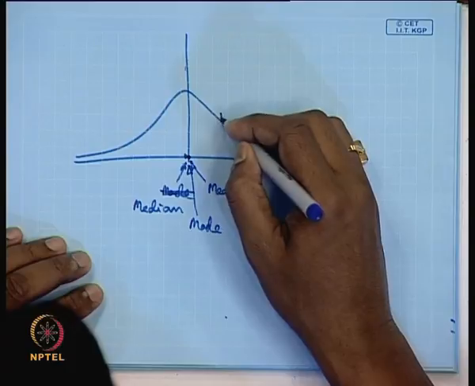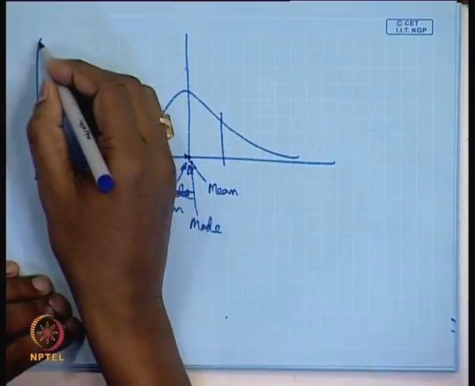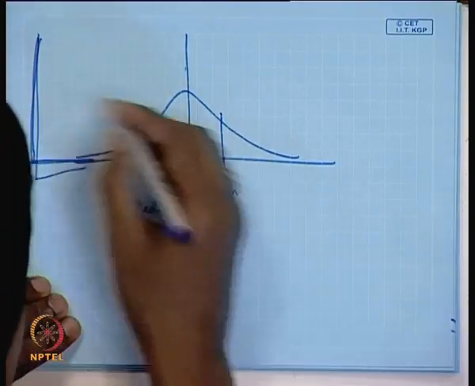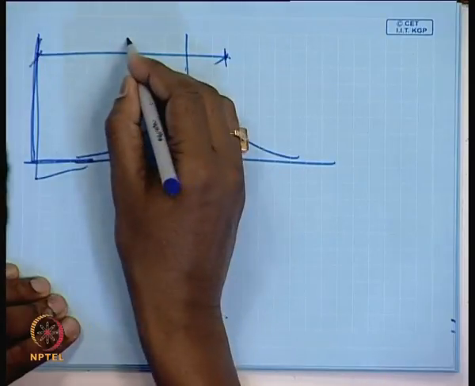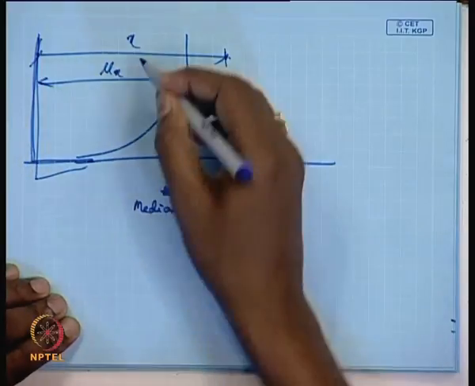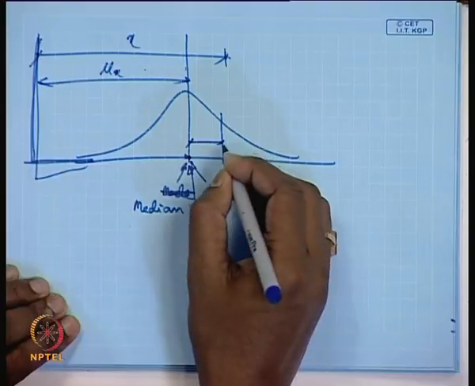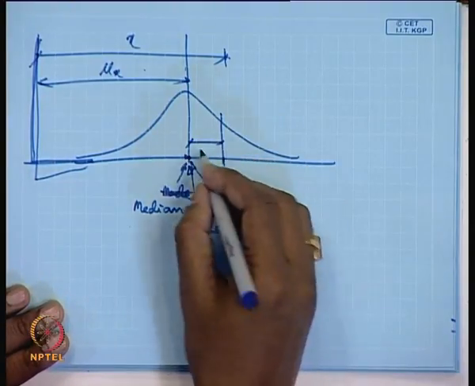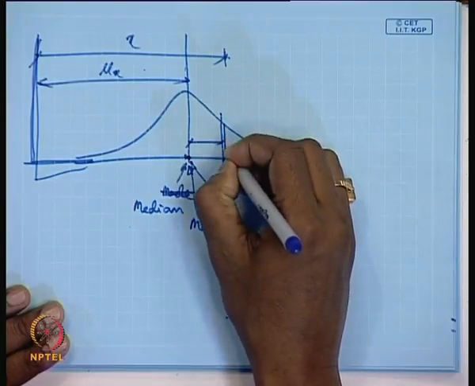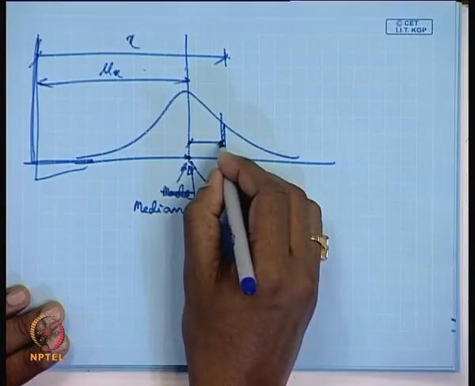Suppose the origin is here, I take the value x here, and this is your mu x, which I know is your mean. So, x minus mu x is nothing but the distance from the mean to that particular value. Now, this one I multiply with the density at that point, that is fx dx, so I multiply it with the distance.